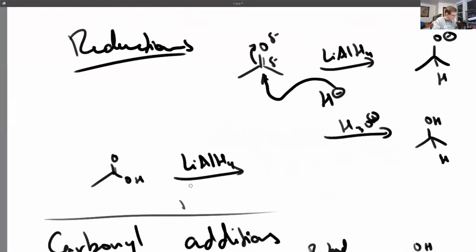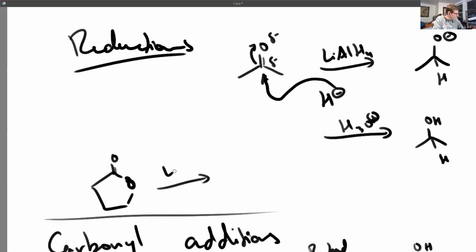Actually, let me give you a problem, because I prepared a problem for this. How about we make this interesting, and we'll have one of these, which is called a lactone.